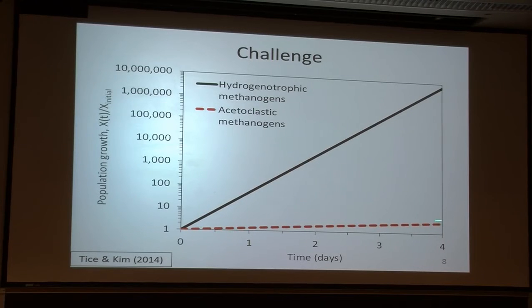Over 4 days, they multiply their population by about 3 or 4 times. But if you look at the hydrogenotrophic methanogens, after 4 days, the microbial population in your reactor is going to be multiplied by more than 10 million times. So we have to do something to control hydrogenotrophic methanogens.